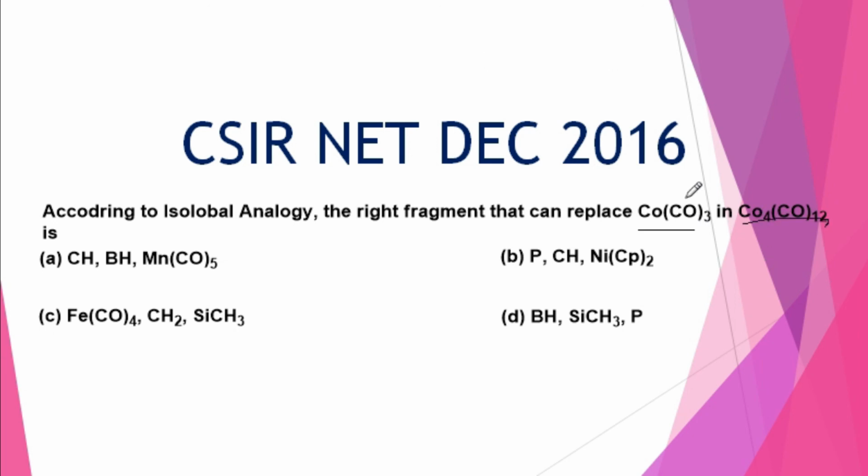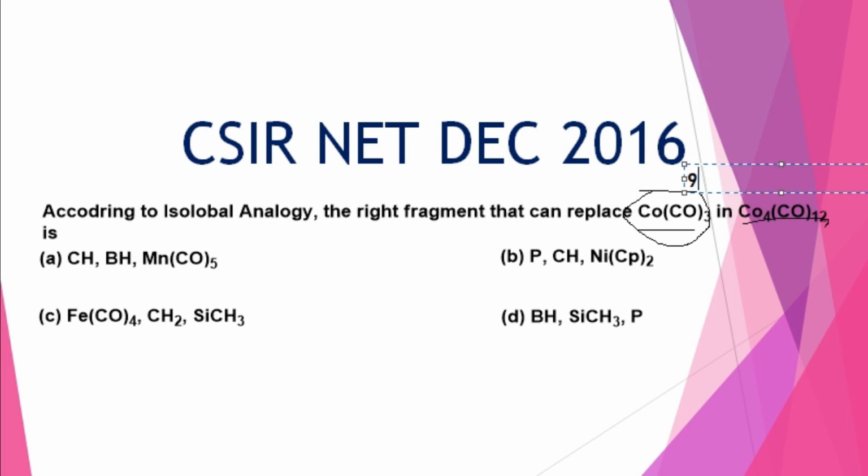You have to just take care of these fragments, because isolobal analogy only talks about the fragments, or sometimes the organometallic compound itself, but in the question the right fragment that can replace Co(CO)3 is mentioned. So you have to only take the valence electron count of this fragment, which is Co(CO)3. Okay, so let's calculate the valence electron count of Co(CO)3.